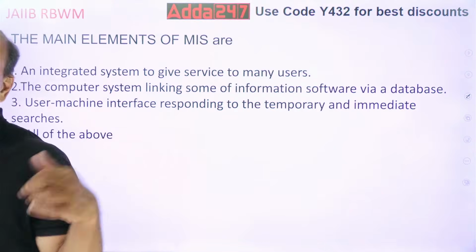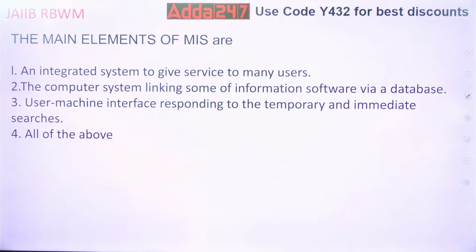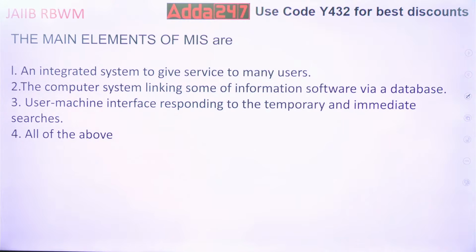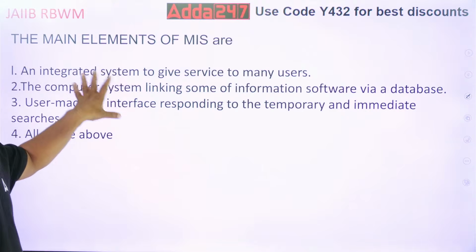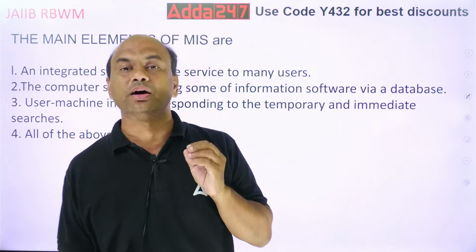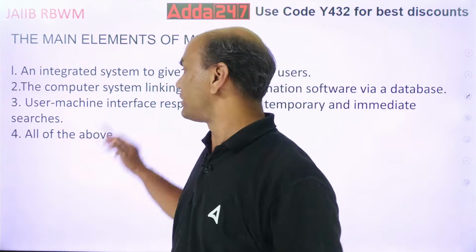I know you all know the answer for this, right? So what is the answer? D. In the exam, you will get some questions like this for MIS. You must know the nitty-gritties, ins and outs of MIS. That's why I put this question over here.